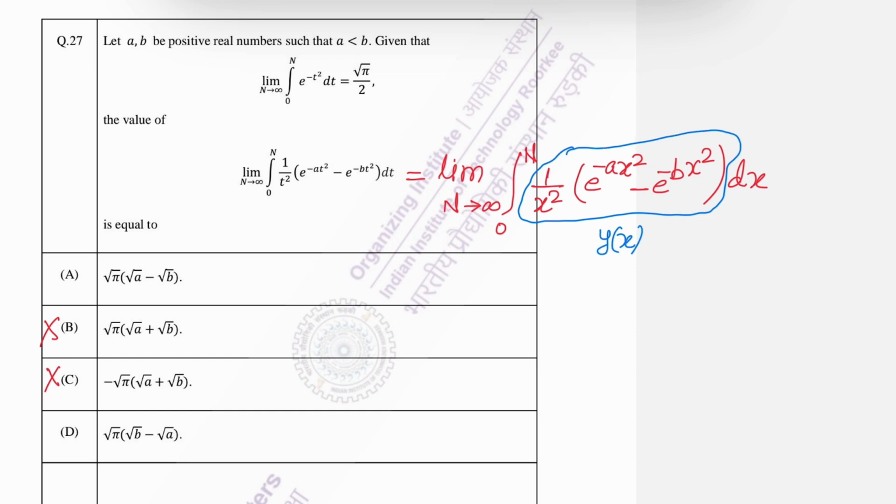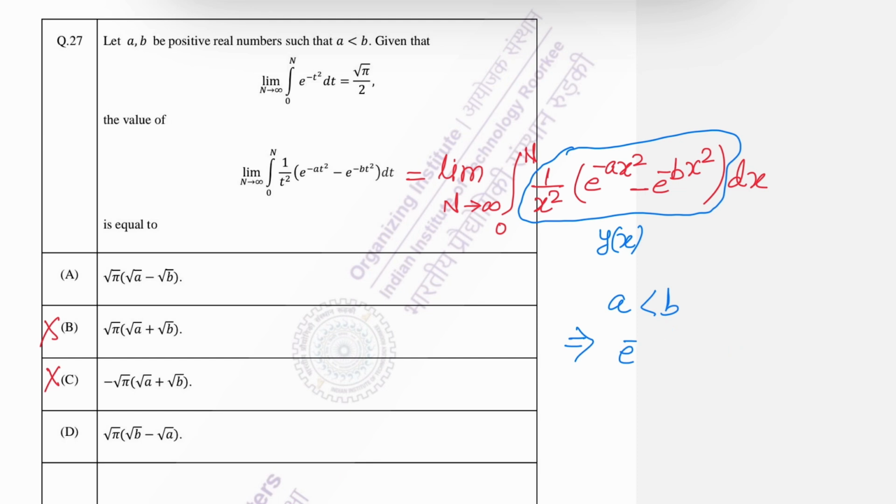suppose it is y(x), and you see here in the question a is less than b. This implies that e to the power minus at square will be greater than e to the power minus bt square. I have to use x instead of t, that will give better clarity.